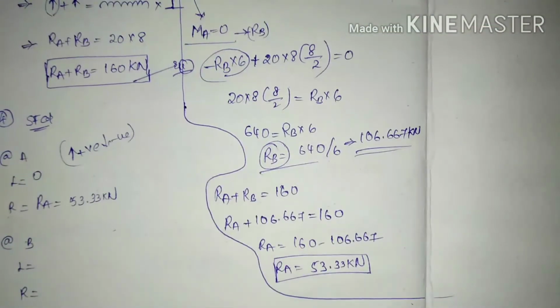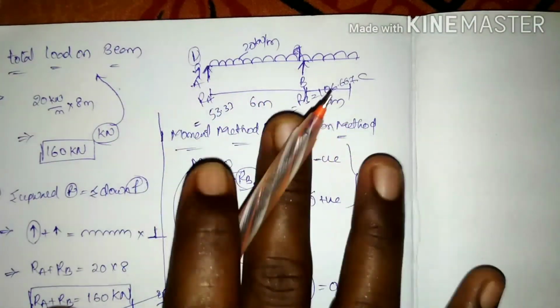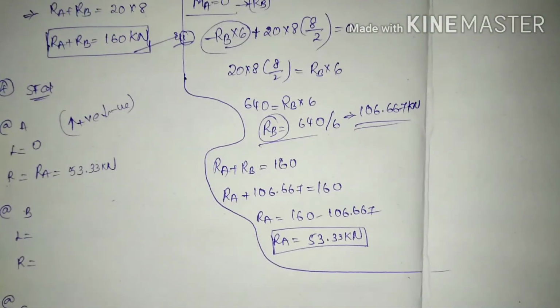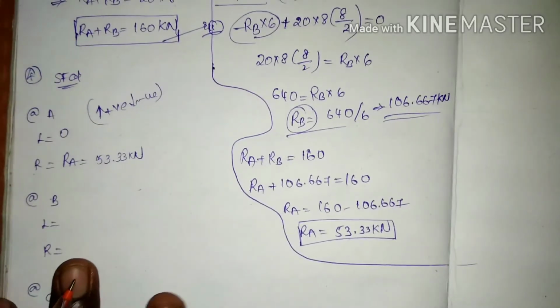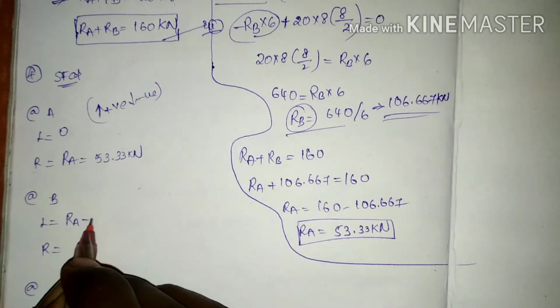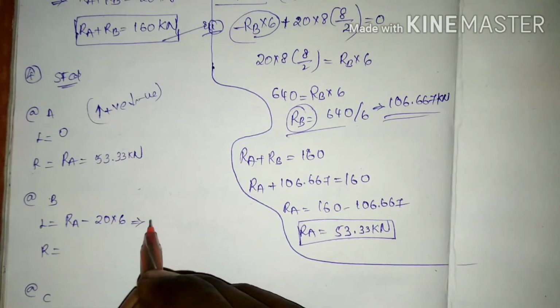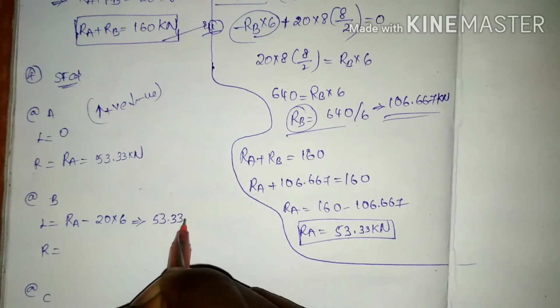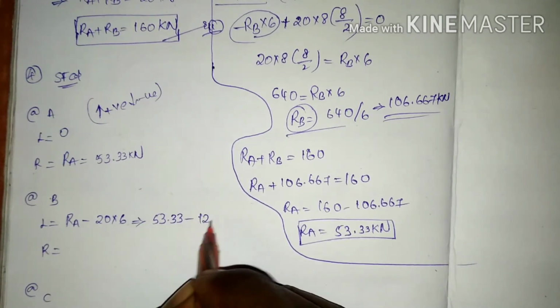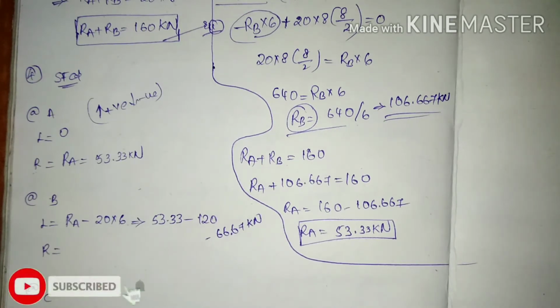The UDL is acting only for a span of 6 meters, not 8 meters, so converting the UDL to a point load over only 6 meters, for the left we have RA in the upward direction, positive, negative 20 into 6. The value will be 53.33 minus 120, which is minus 66.67.